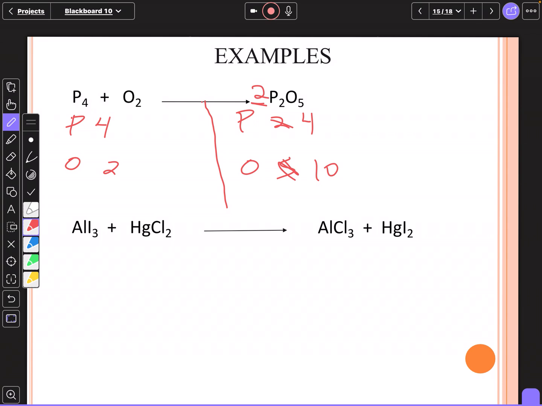What I need in front of the O2 to balance it, to make it have 10, I would need to put a 5 here. 5 times 2 is 10. I check my numbers. 4 and 4, 10 and 10. That's balanced. That's how that reaction happens in nature. P4 reacts with 5 molecules of oxygen gas to produce 2 molecules of P2O5. And since I only have 1 product, that would be a synthesis reaction.